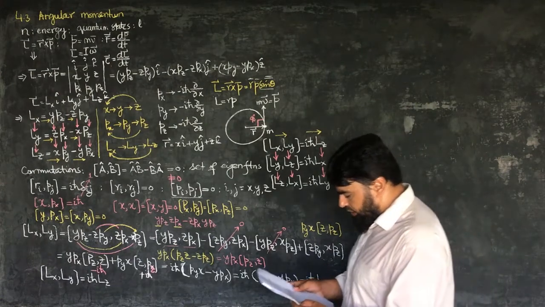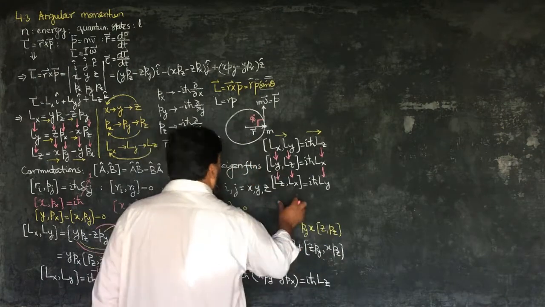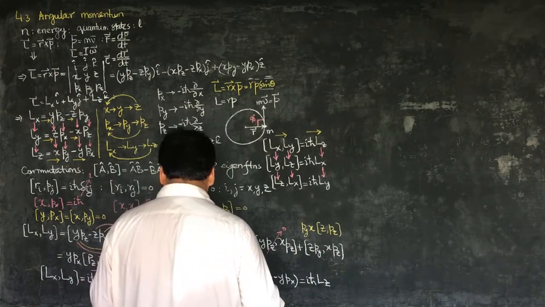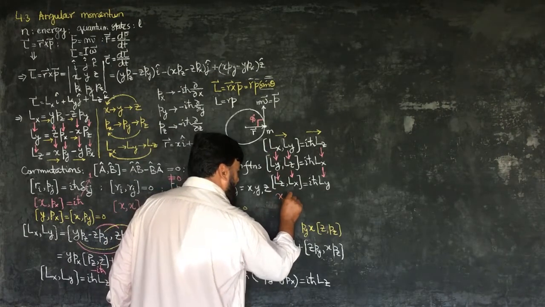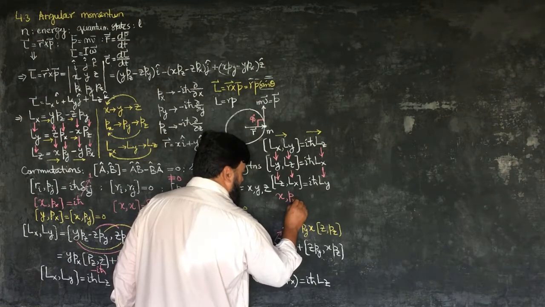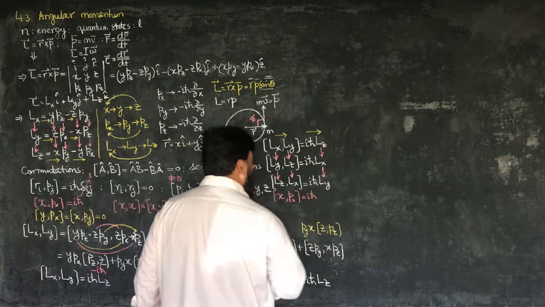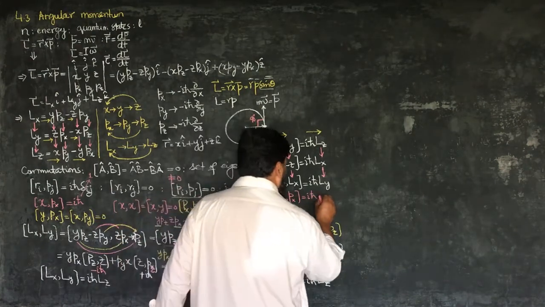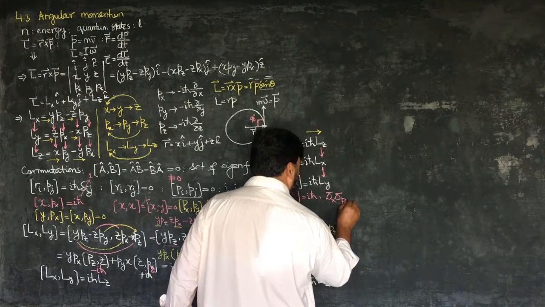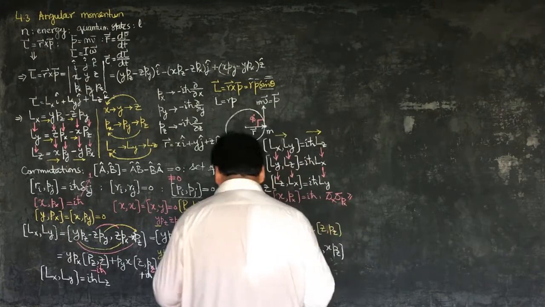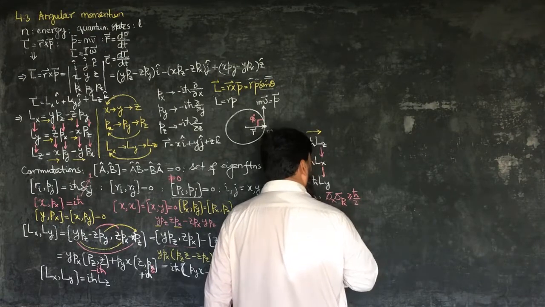And now, similarly, if I want to write the uncertainty, like we were having x and px, we remember this relation, this is ih bar, and then the uncertainty here was that sigma x sigma px will be greater or equal to h bar over 2.